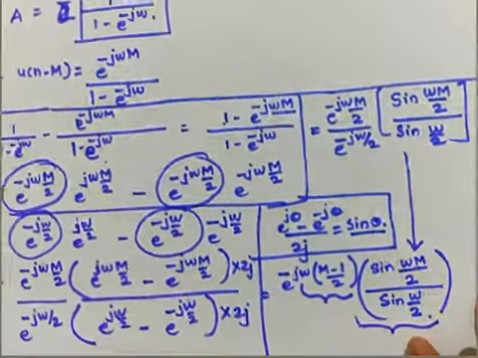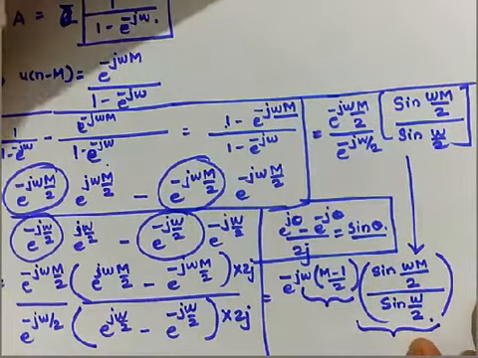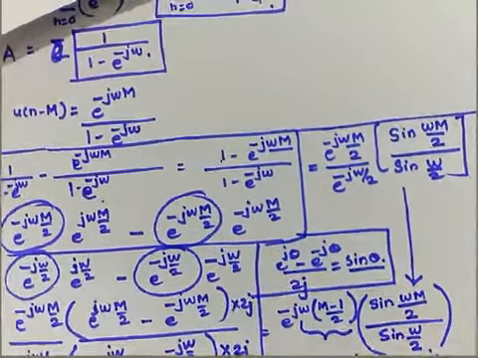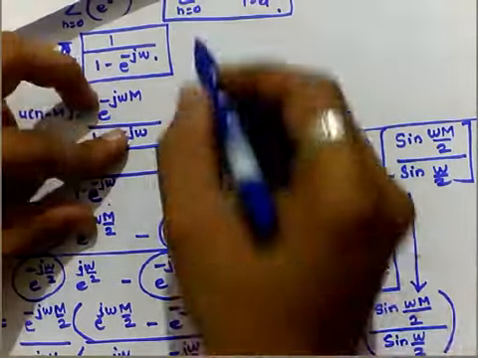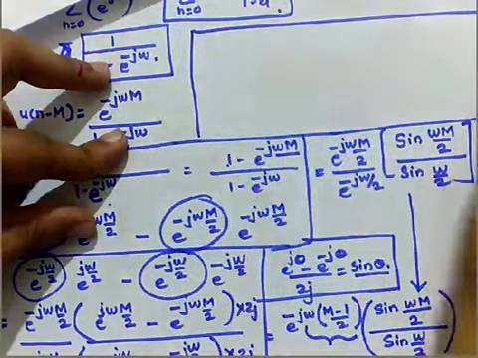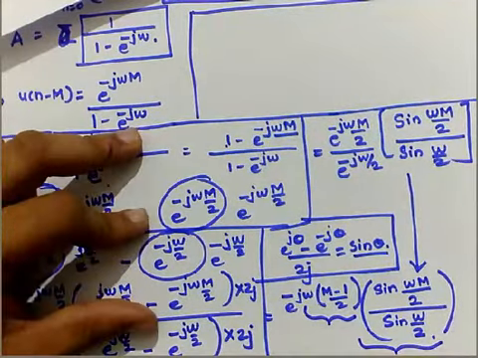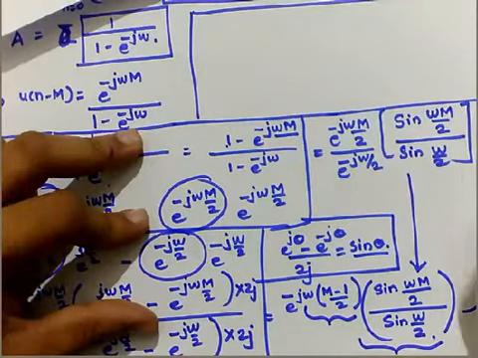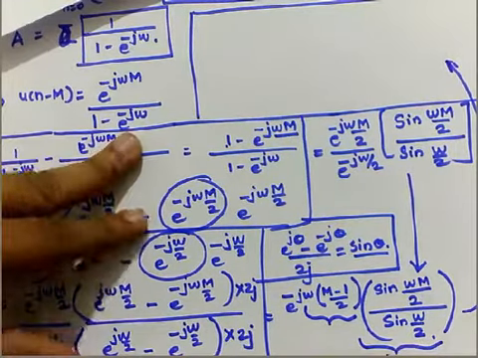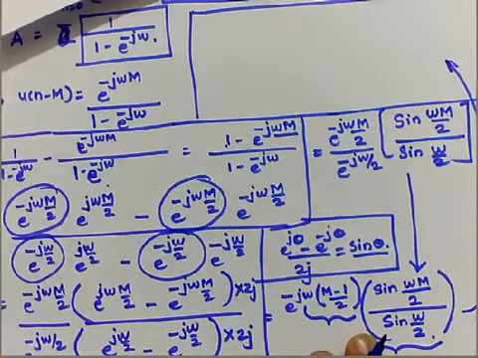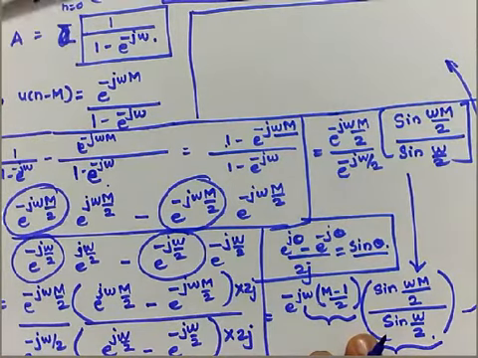So let's write it like this. Let me write it at this space so that it will be well understood what exactly we have done here. This part I will write down in terms of the magnitude of the rectangular window.